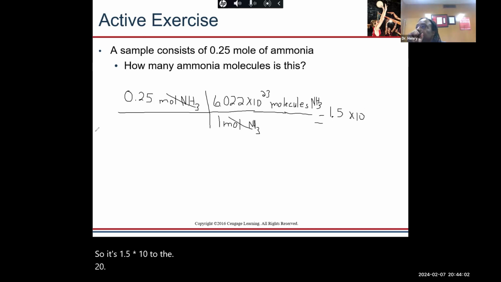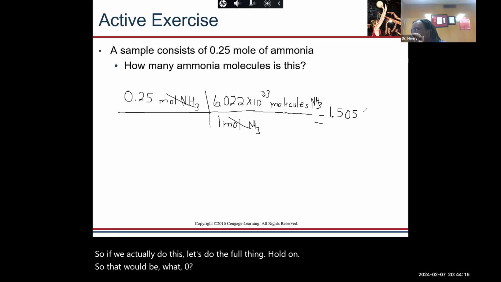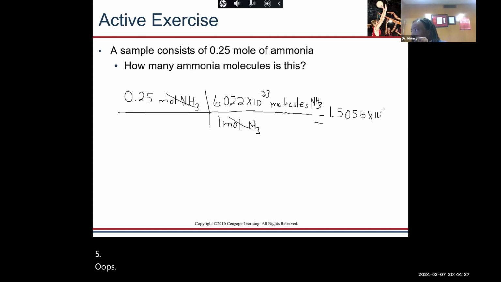So if we actually do this, that's the full thing. Zero, 5, 5 molecules. Oops. And that's of ammonia. Sorry, I ran out of room.